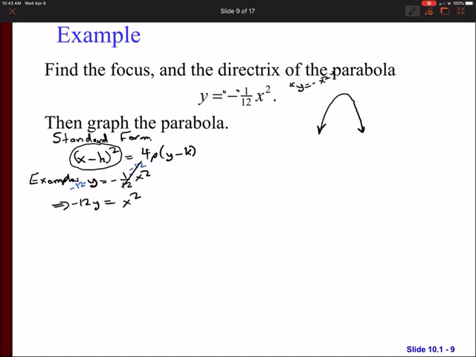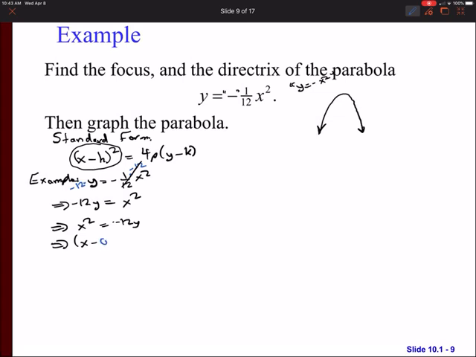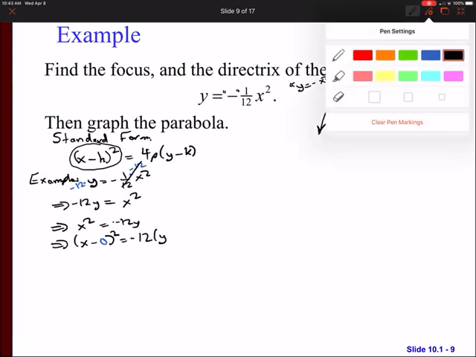Now we've got our standard form: x squared equals negative 12y. And if you want to write it in standard form, that's x minus 0, because x minus 0 is x. So you can rewrite it in x minus h squared form, equal to negative 12 times y minus 0.